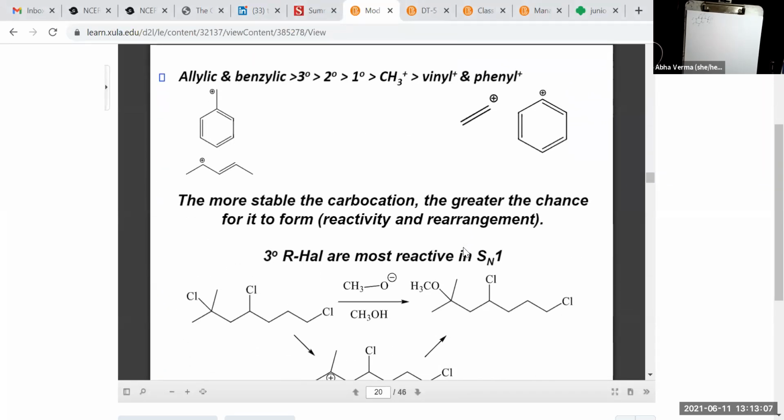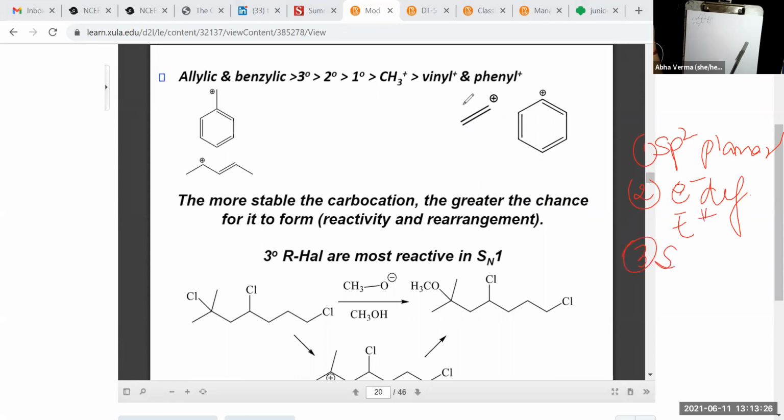So besides the fact that your carbocations are sp2 planar molecules and the fact that they are electron deficient or electrophilic, the important thing that you need to know about carbocations is their stability, their need to become more stable.